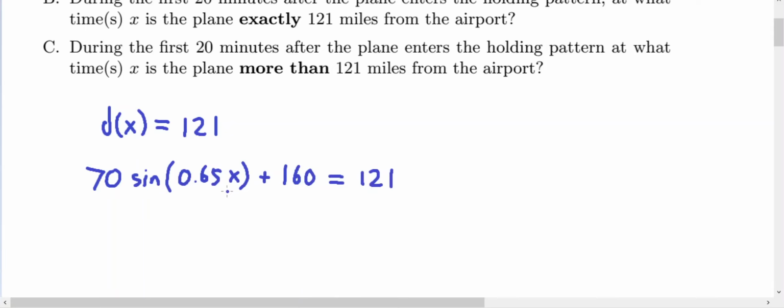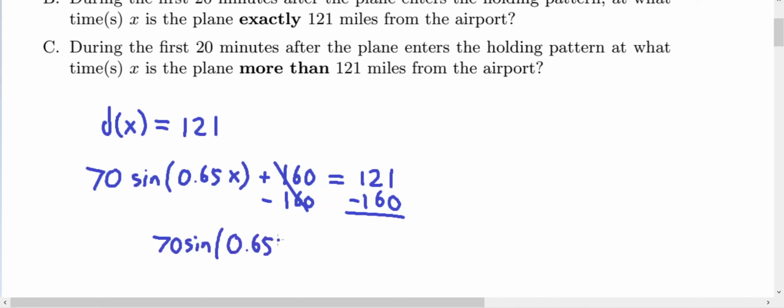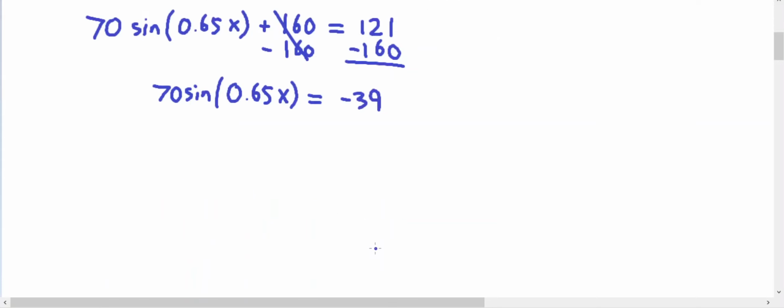So we're trying to get x by itself. Let's first subtract 160, and we have to do that to both sides. So we have 70 sine of 0.65x is equal to 121 minus 160, which is negative 39. Now we need to divide both sides by 70 to cancel this out.